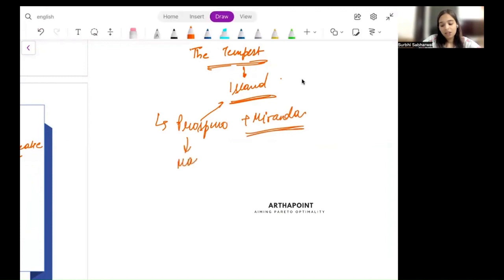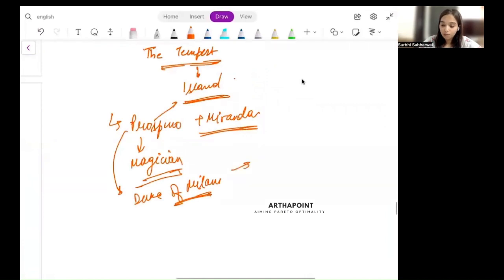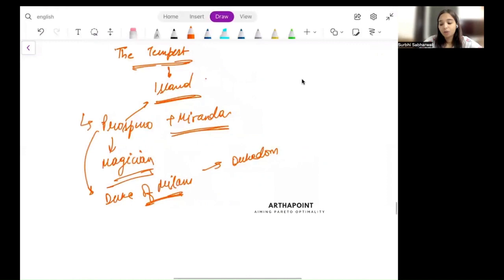Prospero is initially shown to us as a magician, right? But slowly and steadily, we get to know that Prospero was essentially the Duke of Milan. He had to leave his dukedom with his daughter and had to move to the island, right?